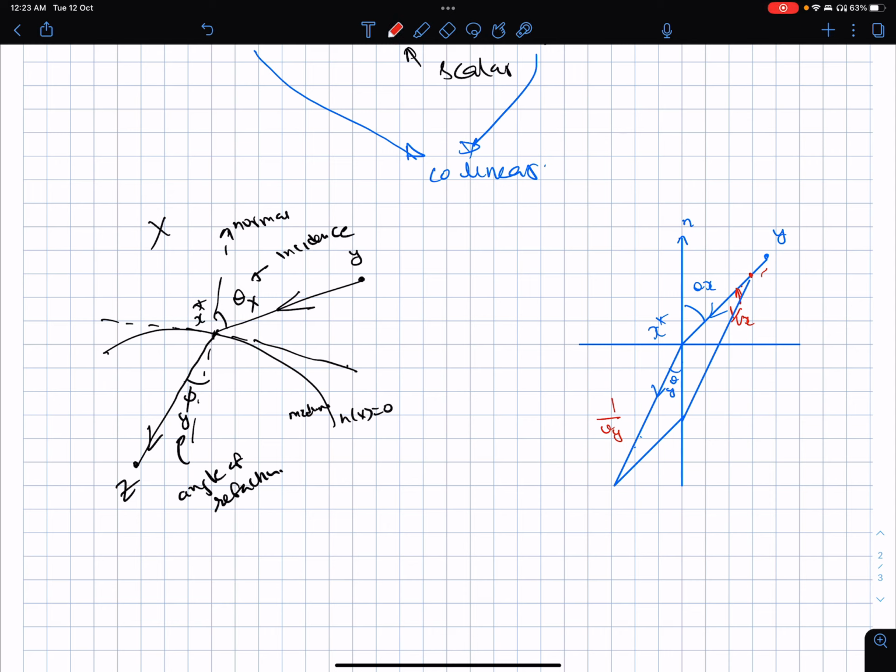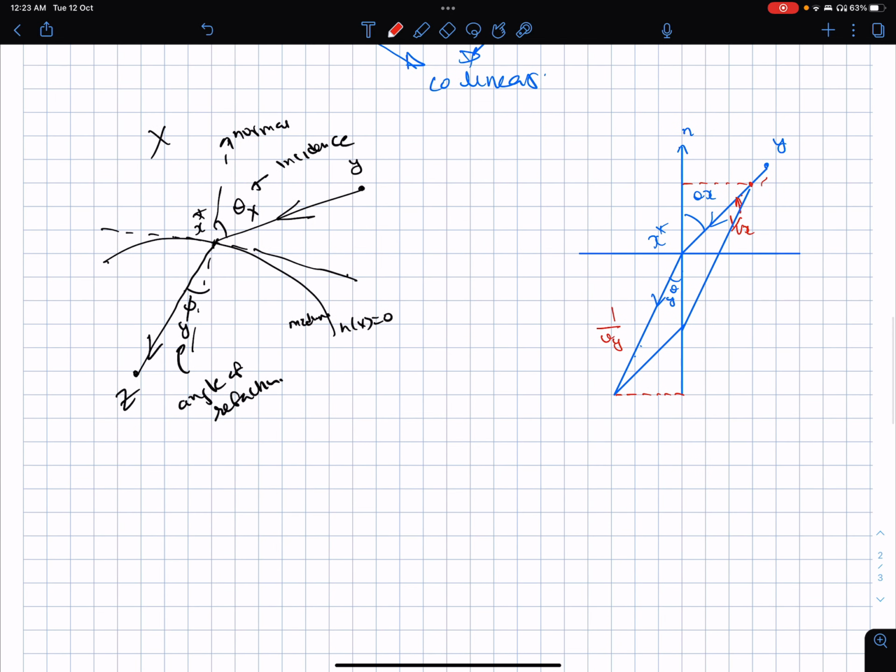Once I have done this, my geometry tells me very straightforwardly that this and this intercept should be identical. But what is this intercept? This is the angle theta x, then this is the perpendicular, and the hypotenuse is 1 by Vx.